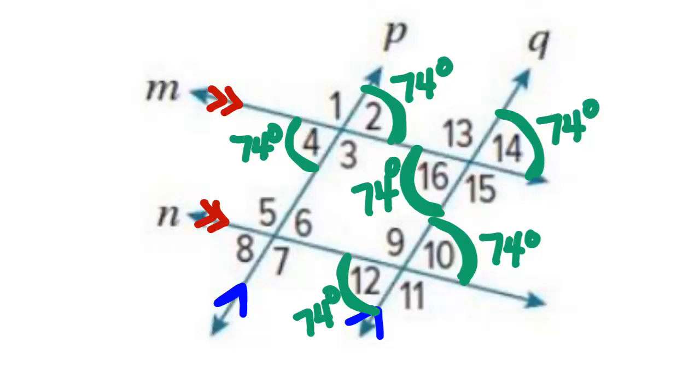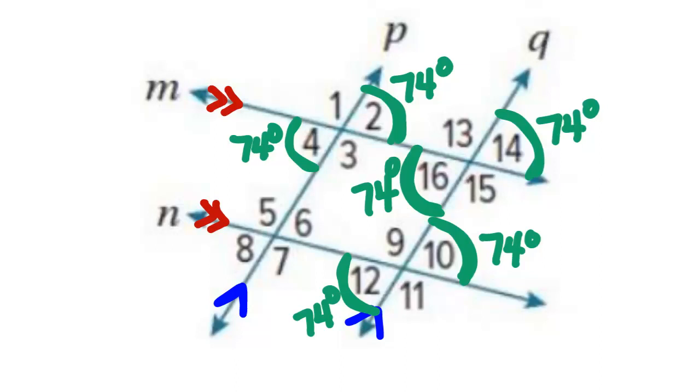To look down here at angles 5, 6, 7, and 8, I can't make relationships to angle 16 because they don't have any transversals in common. But I can look at what I've said over here. 16 and 12 are congruent because they're corresponding. Well, 12 and 6 are alternate interior angles.